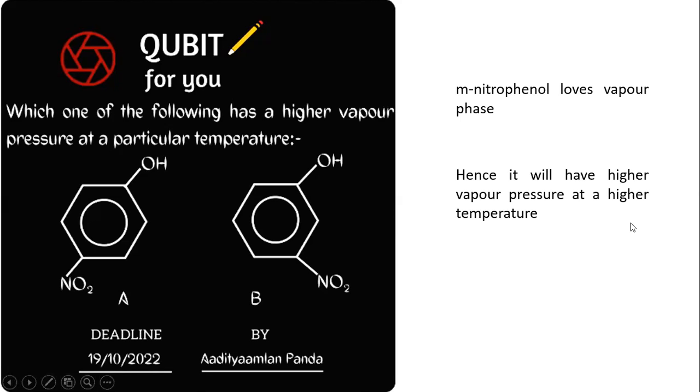The answer to this question is B, because it likes to get bonded intramolecularly rather than intermolecularly, so it wants to go to the vapor phase first. That is why B, m-nitrophenol, will have a higher vapor pressure at a particular temperature.